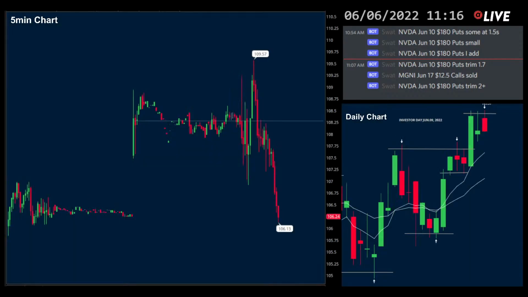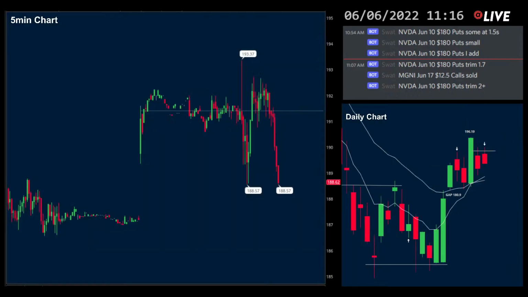AMD goes green to red. NVIDIA coming fast now. Here we go. NVIDIA new lows on the day. Coming nicely.